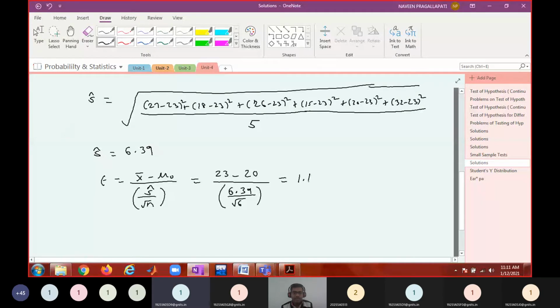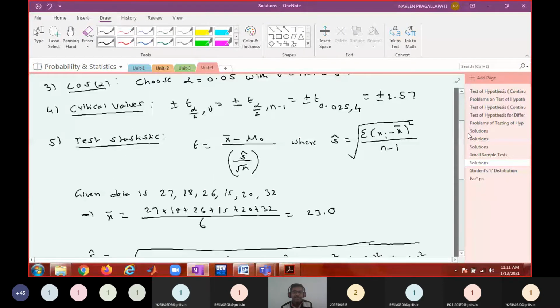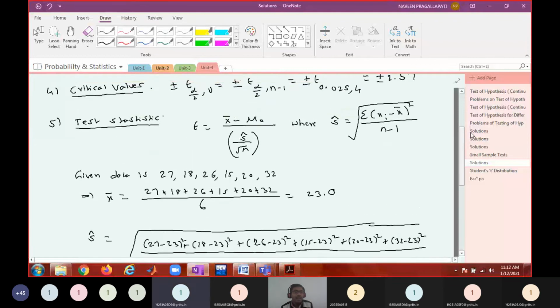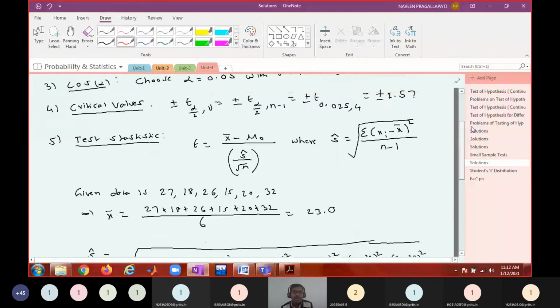Now tell me, is this 1.15 in the critical region or the non-critical region? So you just draw a t distribution like this. The critical values are plus or minus 2.57.